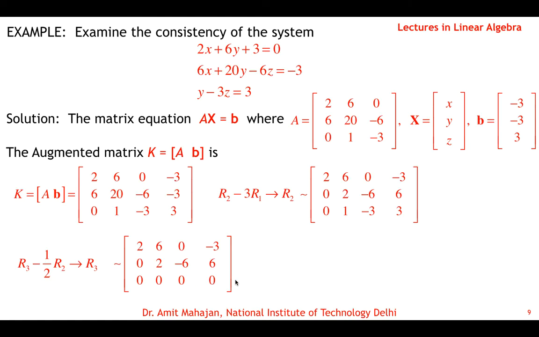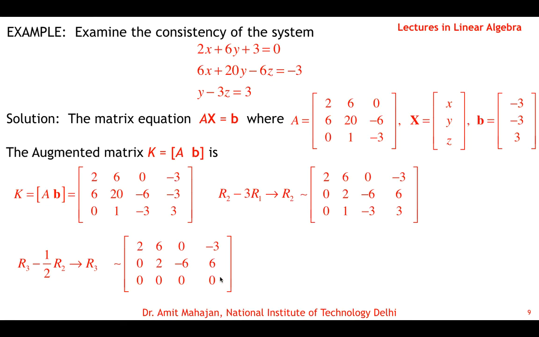So clearly you see that there is no equation of the form 0 0 with a non-zero right hand side, the last column. There are only two pivot positions and so two pivot columns, and so the system is consistent here, with the rank of A being 2 and the rank of the whole matrix also 2.